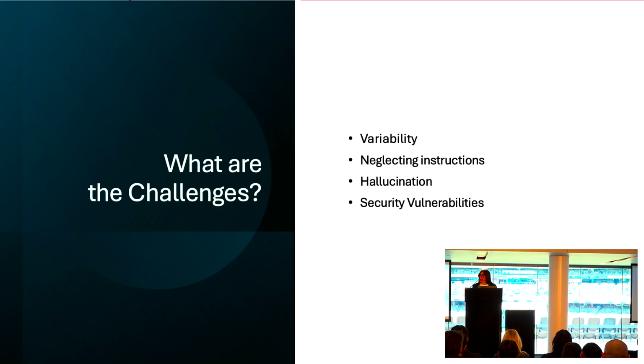A big challenge in Gen AI is hallucination, where the model generates outputs that are factually incorrect or just don't make sense. Gen AI systems are vulnerable to adversarial attacks, where malicious input can lead to unintended or harmful outputs.